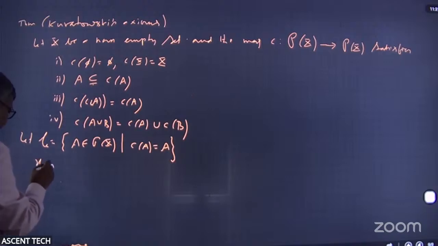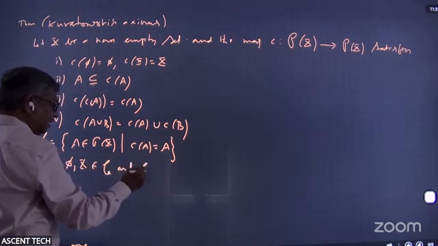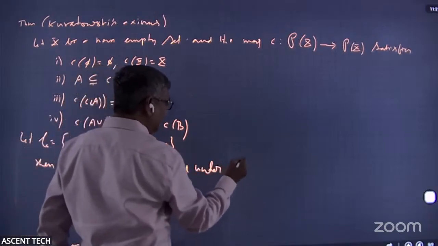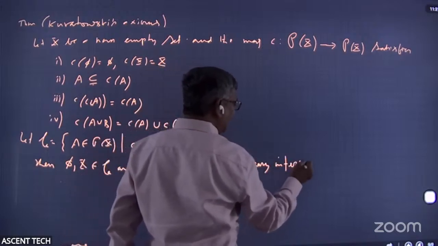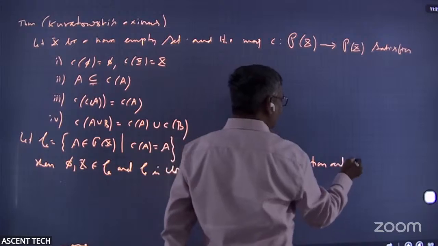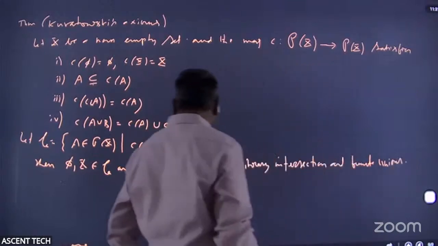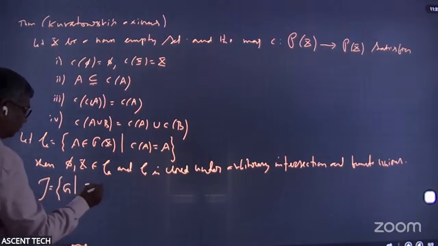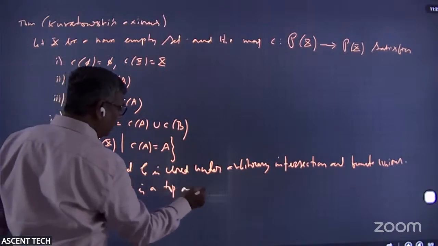The empty set and X are in C, and C is closed under arbitrary intersections and finite unions. We can easily prove that. And therefore, T, which consists of all G such that X minus G is in C, is a topology on X.